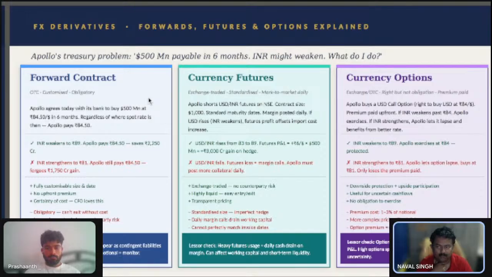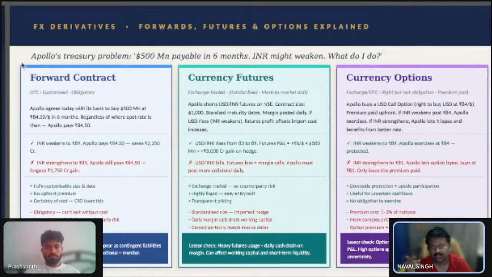So what Apollo can do is agree with the bank to buy all its debt at 84.5 rupees. No bank will sell it at that because the current market value is 92 rupees. Why would someone sell it at 84? But if the bank feels that the rupee will become strong, that from 92 it will come down to 80, then the bank will sell it to them at 84, because the bank will make money when the rupee becomes stronger, right?